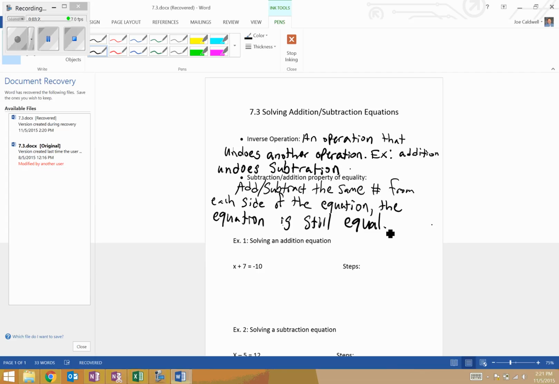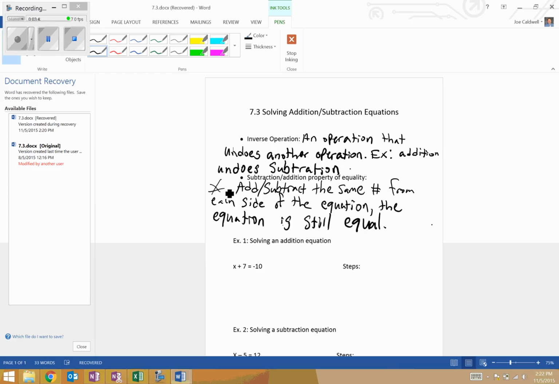Basically this is the golden rule of algebra: whatever you do to one side, you have to do the exact same to the other side to keep the equation the same.